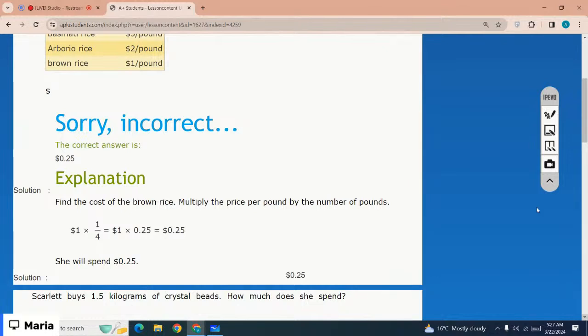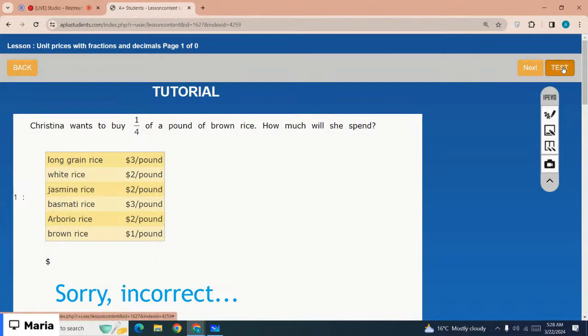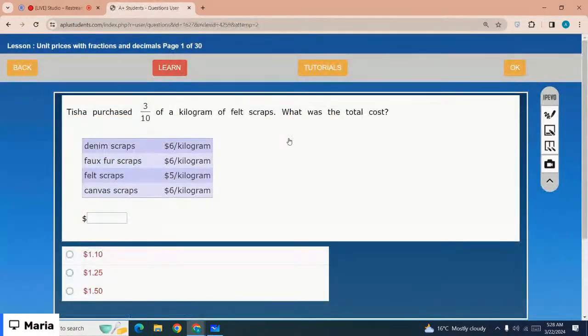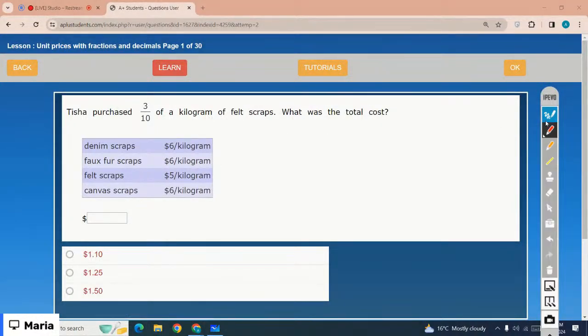Okay, let's just start with the test questions. Basically, the concept is the same, but here you have to find it with fractional values, right? Tisha purchased 3/10 of a kilogram of felt scraps. What was the total cost? Okay, felt scraps are $5 per kilogram. So you have to do 5 times 3 over 10, right? 5 times 3 is 15, and 15 over 10 equals $1.5.